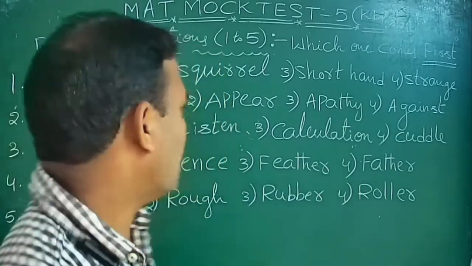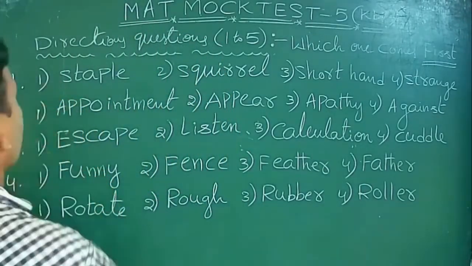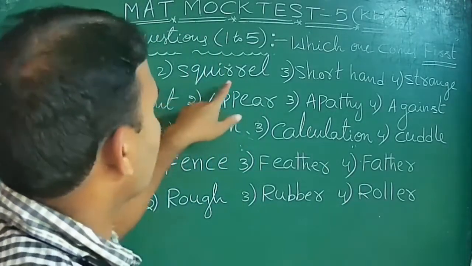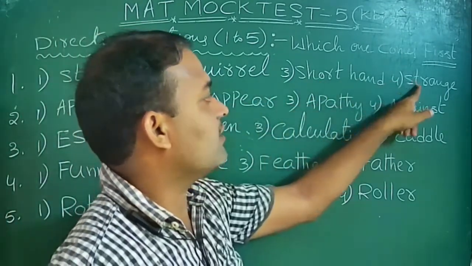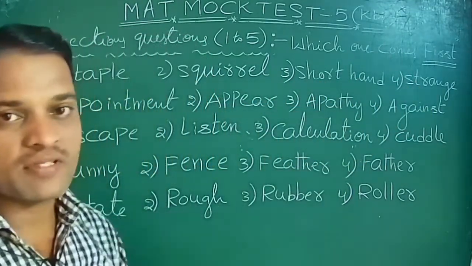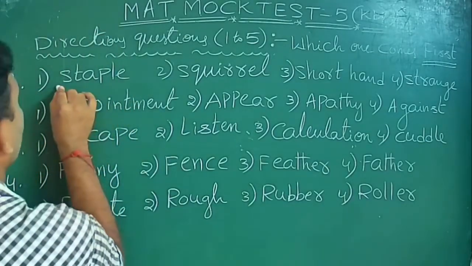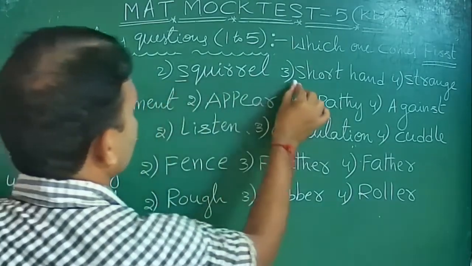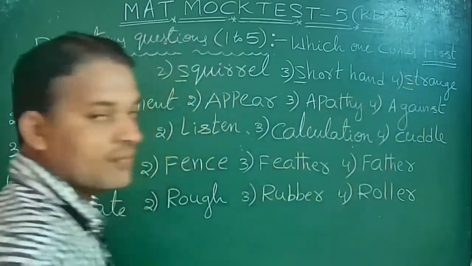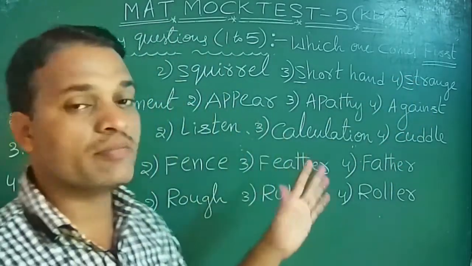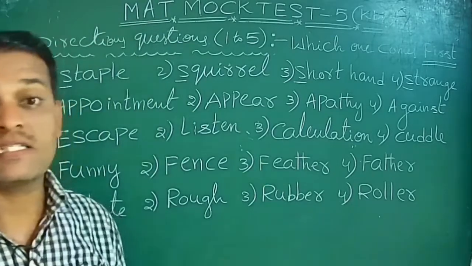First question: staple, squirrel, shorthand and strange. First letters are S, S, S, S. All are the same, so it is difficult to identify.